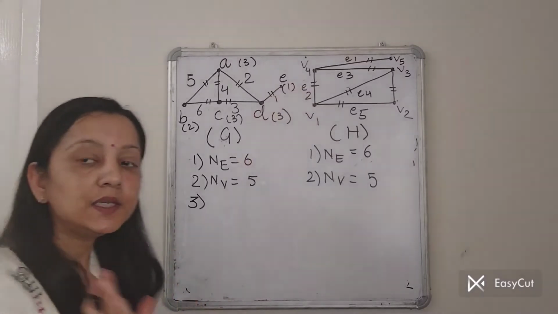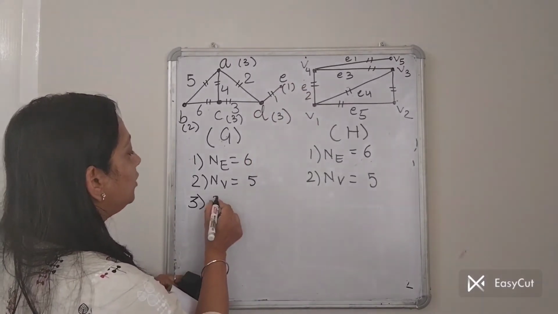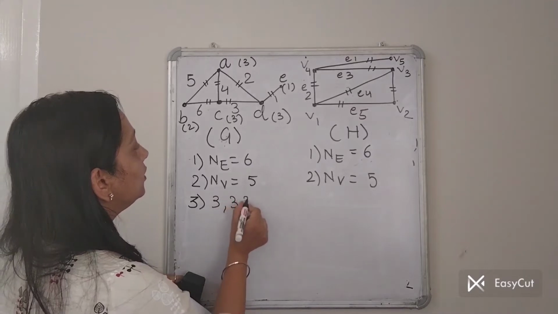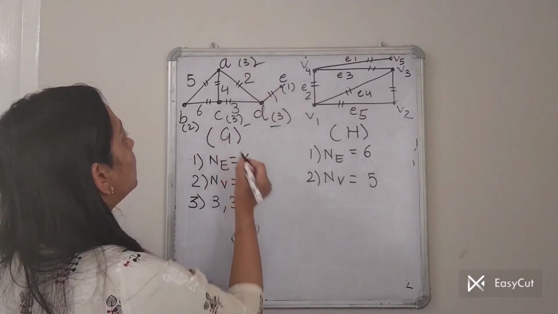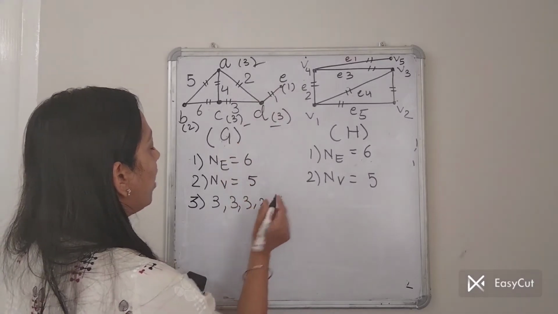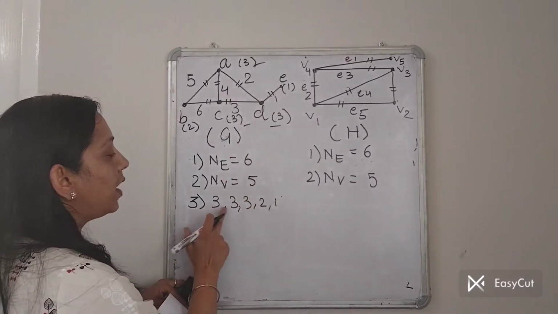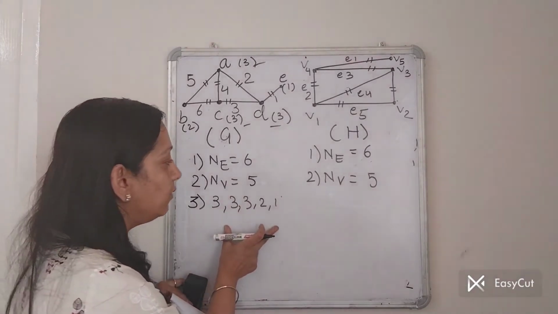If I write the degree sequence in descending order, it will be 3, 3, 3, then 2 and 1. So this is the degree sequence that I have for my 5 vertices.